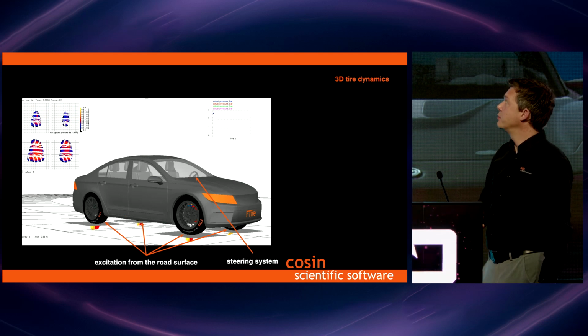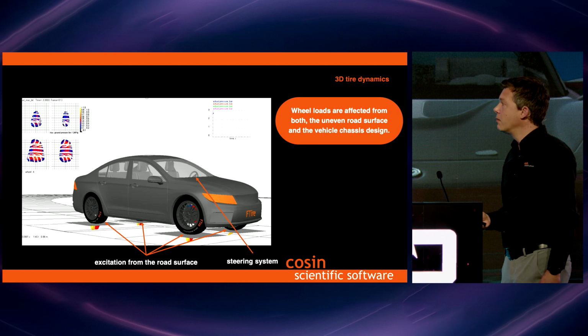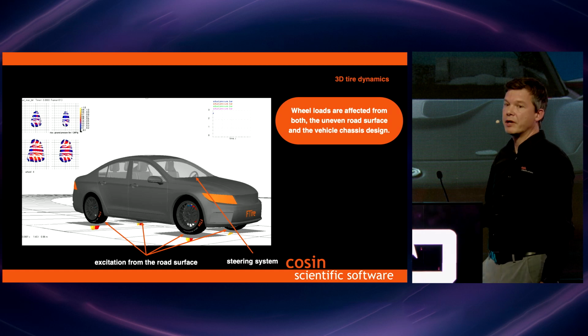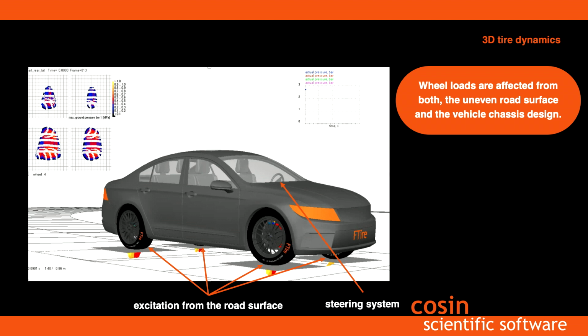So 3D tire dynamics, how does it influence your driving simulator? You get the excitations coming from the road surface, so the wheel loads are affected by both the uneven road surface and the vehicle chassis design. But another important aspect is also the steering system, so we put a lot of project work into this in the past 10, 12 months, looking at what FTire can do to give a better steering feel.